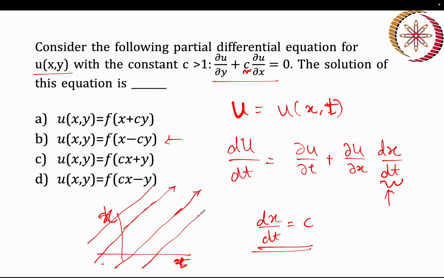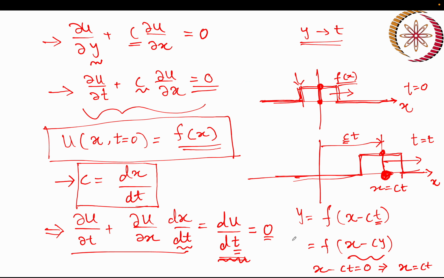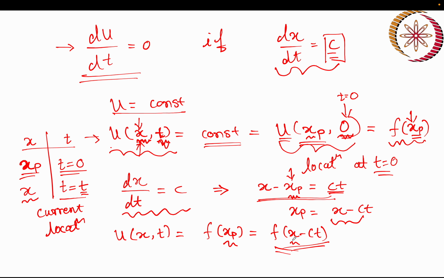So that is the meaning of the characteristics line, where the function value will be constant. I hope this is clear.